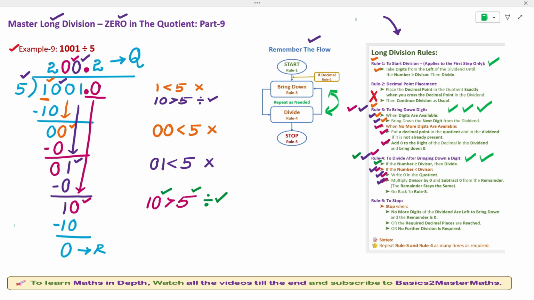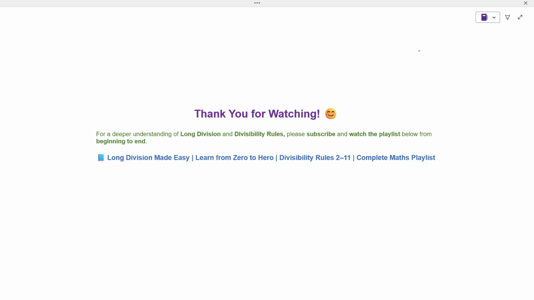Now the division is complete because no more digits of the dividend are available to bring down and the remainder is 0. Got it?